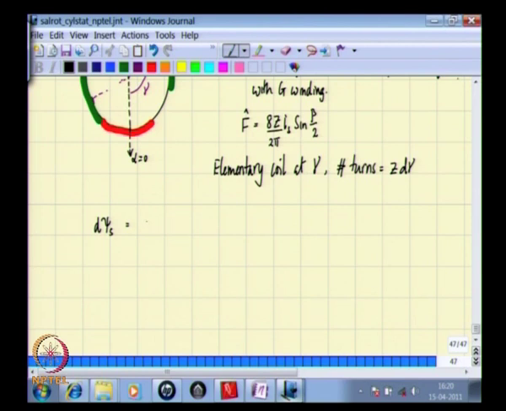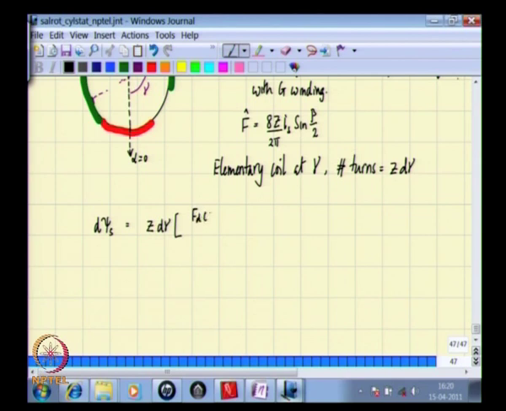That is then given by the number of turns in this elementary coil, that is Z times d gamma, multiplied by the flux that is going to pass through at any given angle alpha. This expression is similar to the ones that we have written earlier, that is F d at alpha divided by the reluctance R d, and then F q at alpha divided by the reluctance R q.